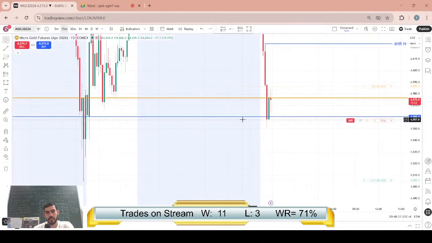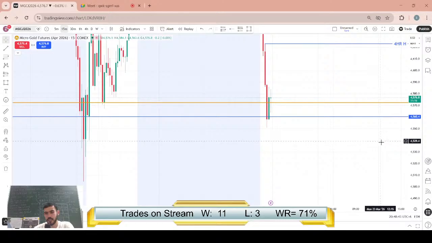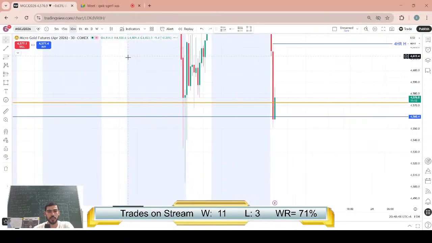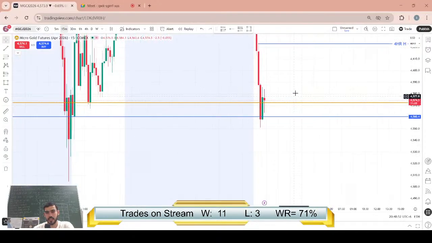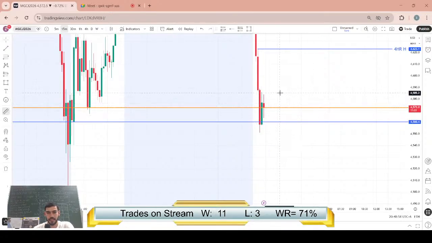Yeah, it was actually a little bit interesting for me. So I think this candle created a support, it doesn't look bad, and now it created a very huge bottom wick. Yeah, a very huge bottom wick.